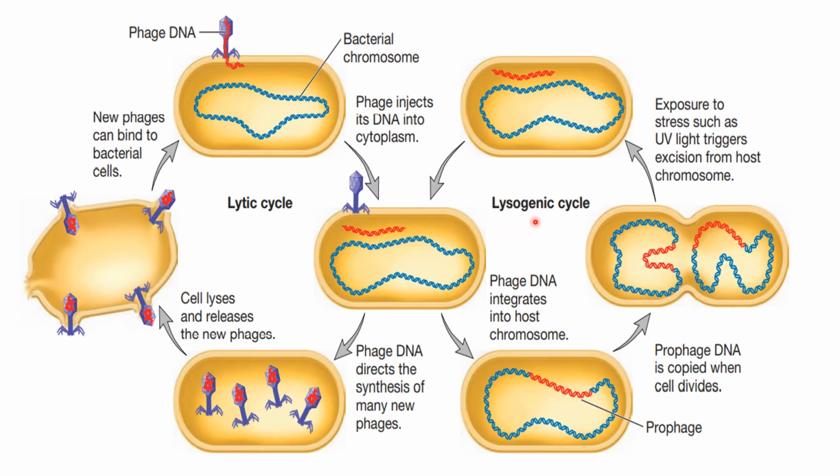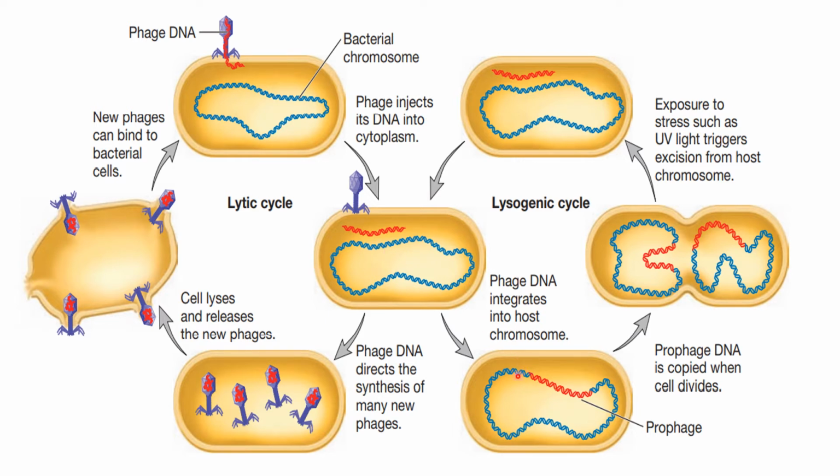Now what happens in the lysogenic cycle is the first two steps will be the same as the lytic cycle, where the adsorption of the bacteriophage happens on the surface of the bacterial cell and penetration happens where the bacteriophage DNA enters inside the bacterial cytoplasm. Now, after the second step, the phage DNA will integrate itself with the bacterial chromosome.